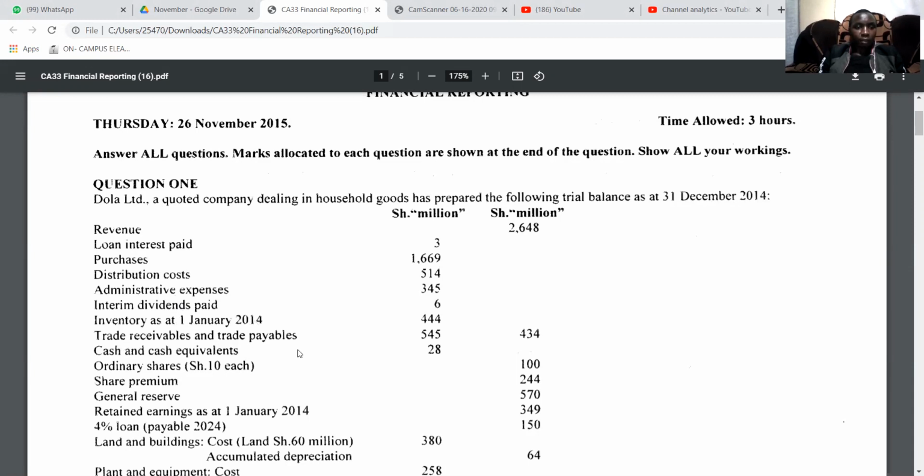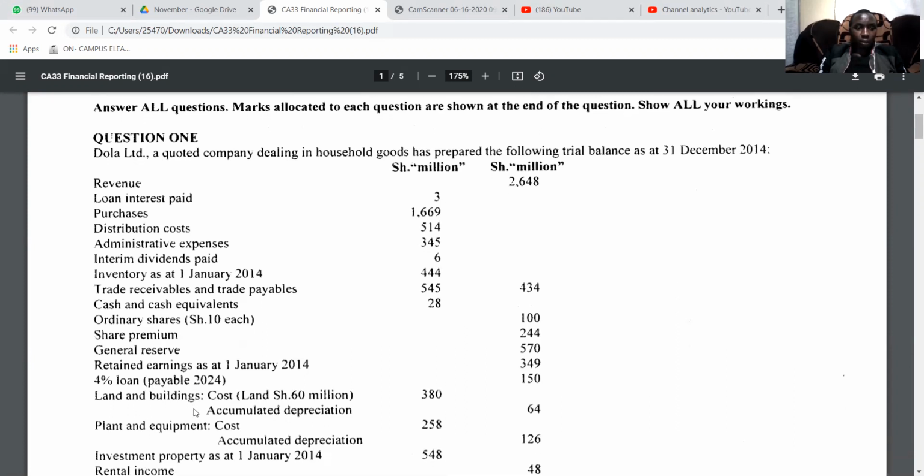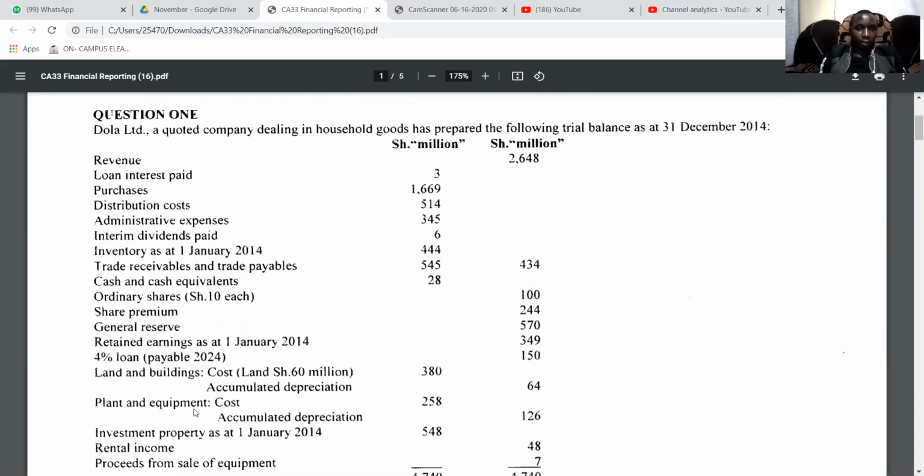Then we have trade receivables and trade payables, cash and cash equivalents, ordinary shares, the share premium, the general reserve, and the retained earnings as at 1st January 2014. The 4% loan payable 2024 is a long-term loan, payable after some 10 years.